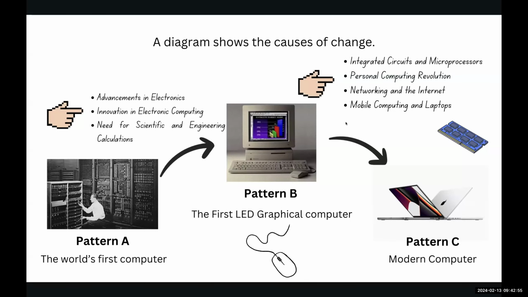And we had to do networking, so we needed the internet to connect with each other on the cloud. And nowadays we have many advancements in mobile computing and laptops. Therefore, we had to change from the IBM 1410 computers to the modern computer today.